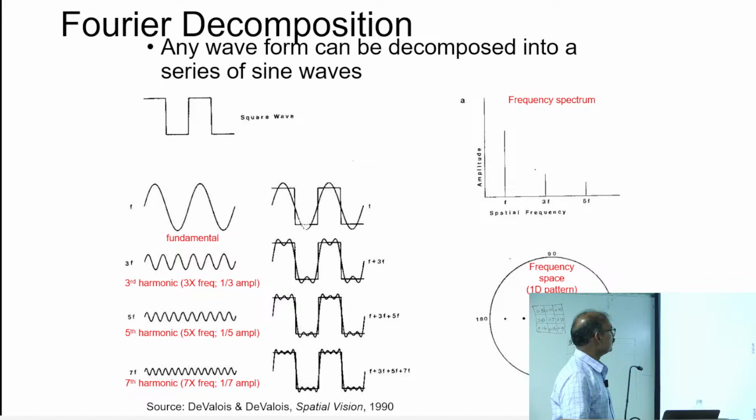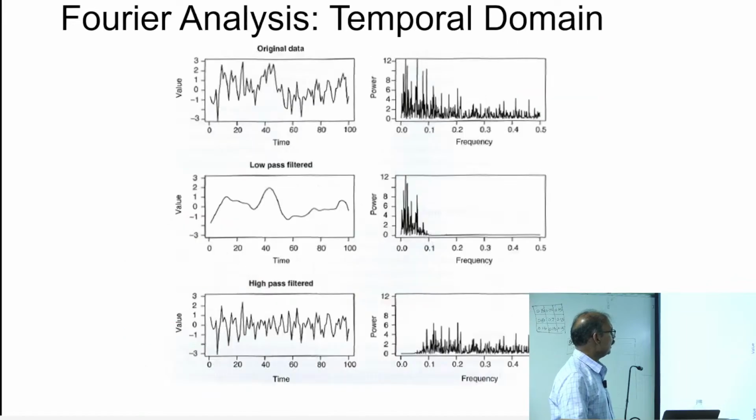So again, if this was the original data and the frequency looked like this, maybe we could use a low pass filter like this and remove it, and then we would get a signal like this.